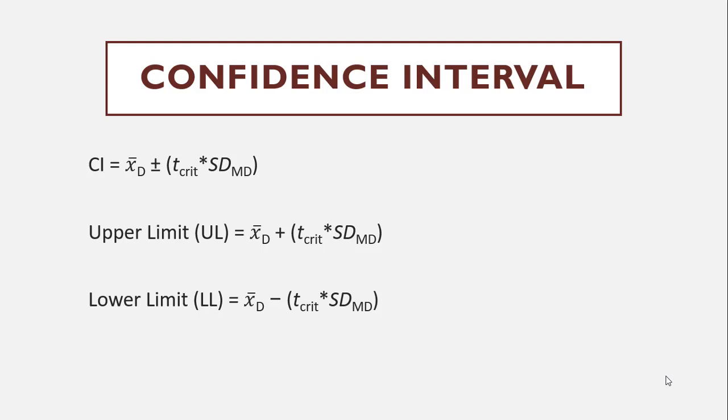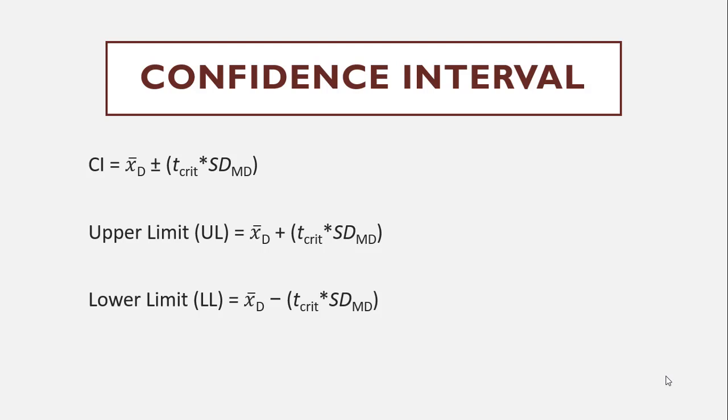in t, which in this case, it actually is important because our value of t was negative 1.73. If I multiply by negative 1.73 times the standard error of the mean difference, I'm going to get a negative number. If I add a negative number, my upper limit would actually end up being smaller than my lower limit.